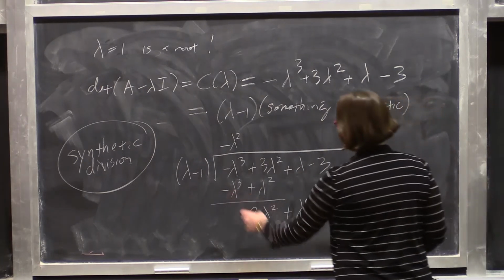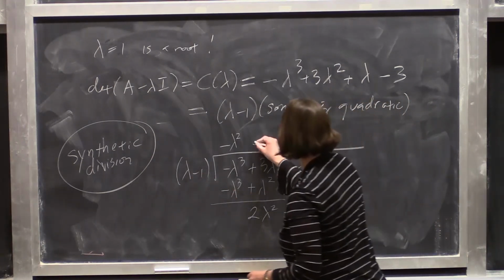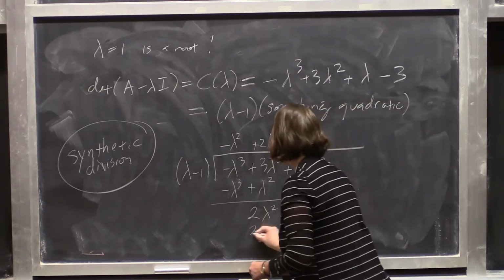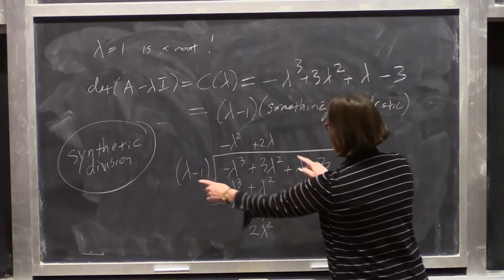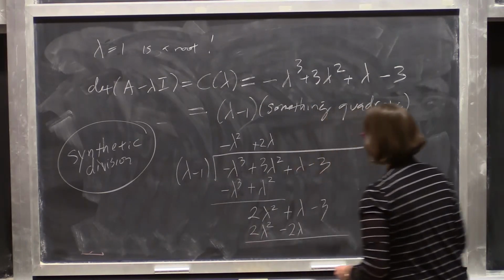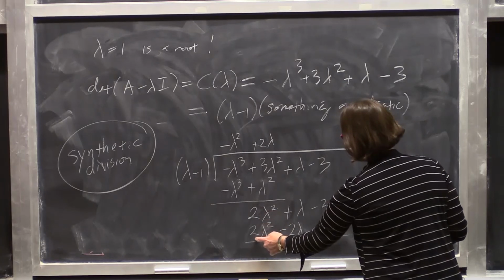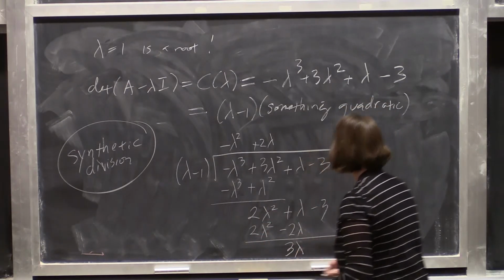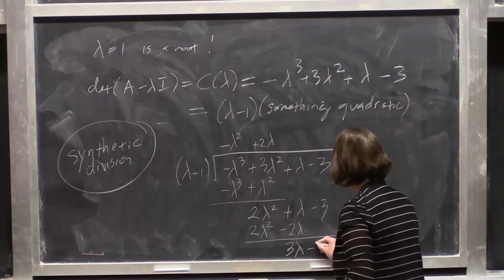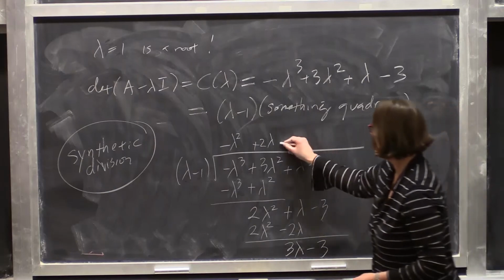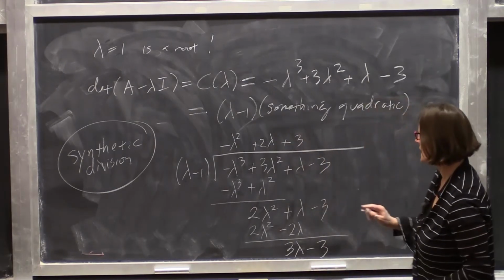Now I want this to match with that, so I do plus 2 lambda. So this times that is 2 lambda squared. This times that is minus 2 lambda. This minus this is 0. This minus this is 3 lambda. This minus this is minus 3. What do I put up here? 3. And am I happy? Yes, I'm very happy.